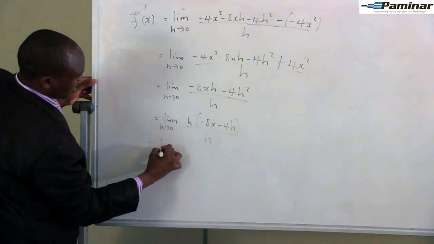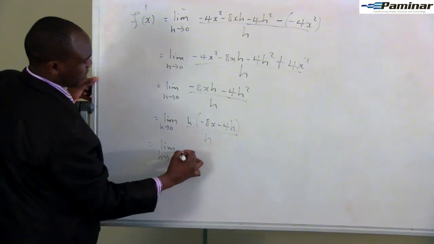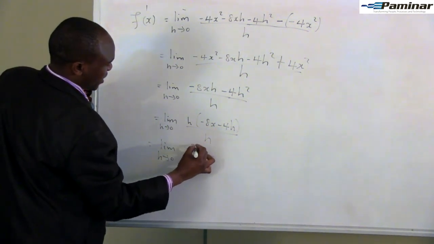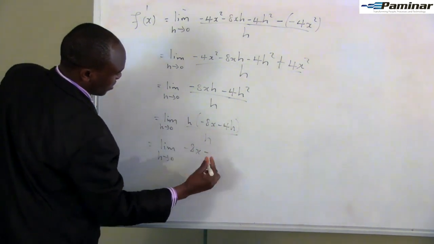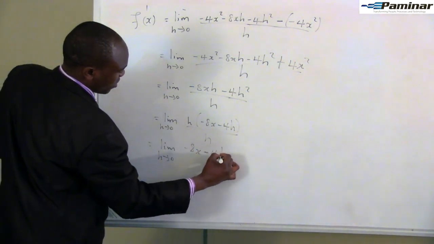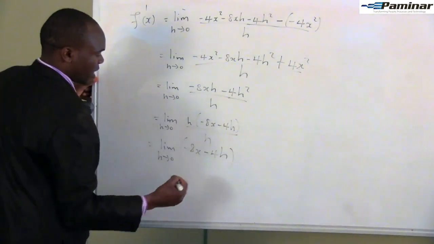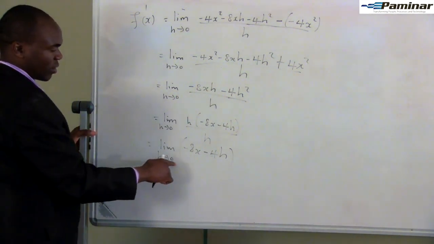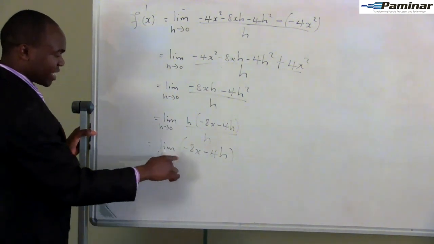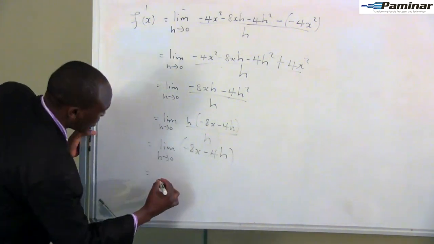Now we're going to get the limit as h approaches 0 of minus 8x minus 4h. This goes, then we remain with this. But remember it says as h approaches 0. So, as h approaches 0 here, this will become 0, isn't it? Yes.